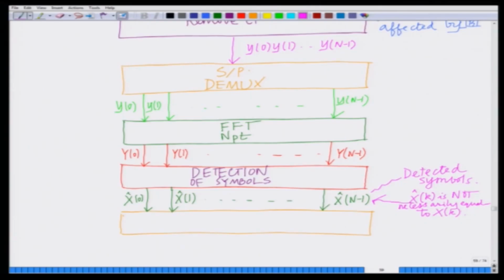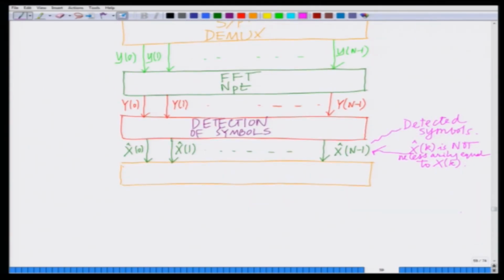Okay. And now finally, once we have detected these symbols capital X hat 0, capital X hat 1, capital X hat n minus 1, all that is left is to do a parallel to serial conversion, that is, a mux or a multiplexing operation, to basically convert these back. These are now converted back to my serial stream, that is X hat 0, X hat 1, X hat n minus 1.